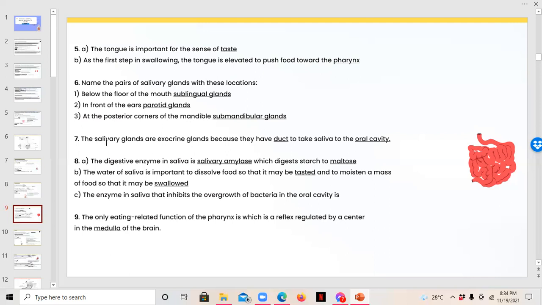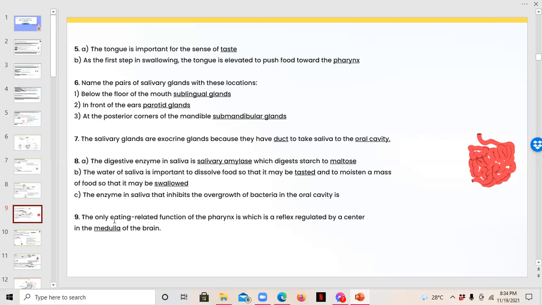Number 7. The salivary glands are exocrine glands because they have ducts to take saliva to the oral cavity. Number 8, letter A. The digestive enzyme in saliva is salivary amylase, which digests starch to maltose. Letter B. The water of saliva is important to dissolve food so that it may be tasted and to moisten a mass of food so that it may be swallowed.